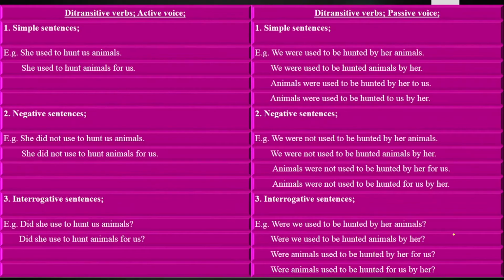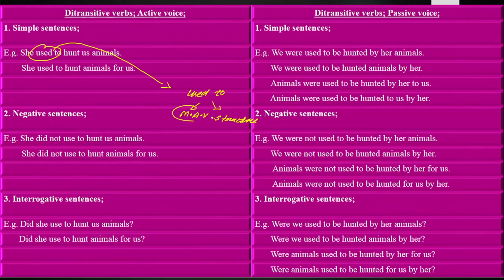Main target: how we are going to change it into passive voice, and in today's topic we will take a little glance at "used to". We have already discussed "used to". In the previous lecture I told you that some grammarians say that "used to", where "d" is not pronounced but spelt, is a modal auxiliary verb, and some grammarians say that it is a structure.